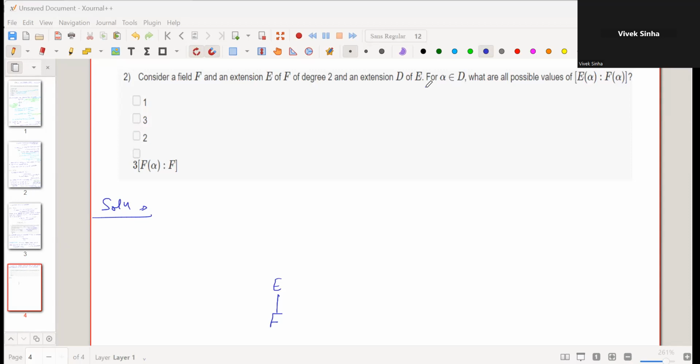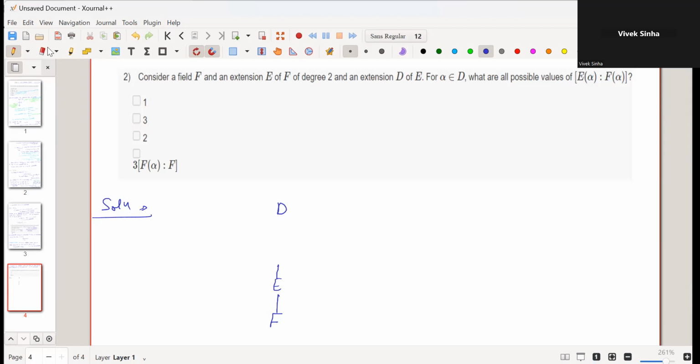So F, then you have E, then you have D somewhere, which is also a superfield of this, and alpha is inside D, right? So alpha may or may not be inside these fields, but alpha is there. So definitely, okay, that won't be the right way to say it, I guess.